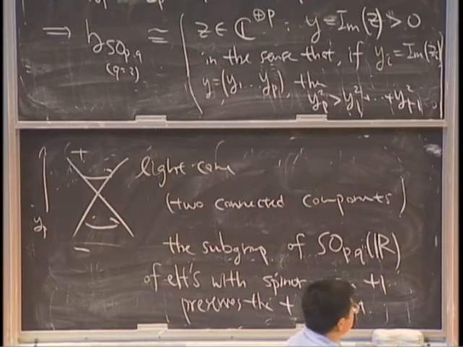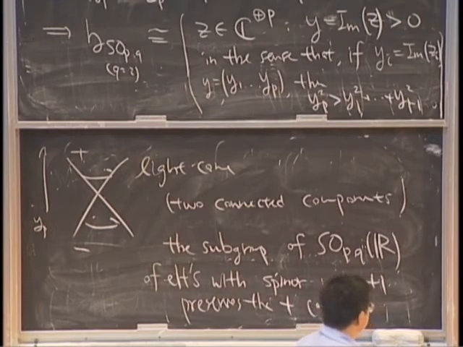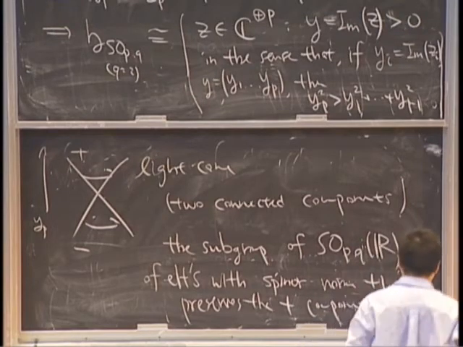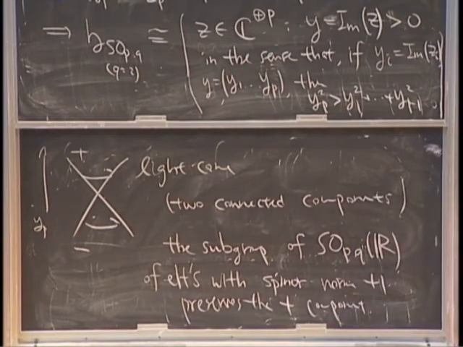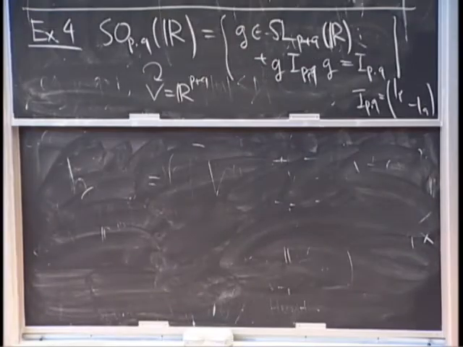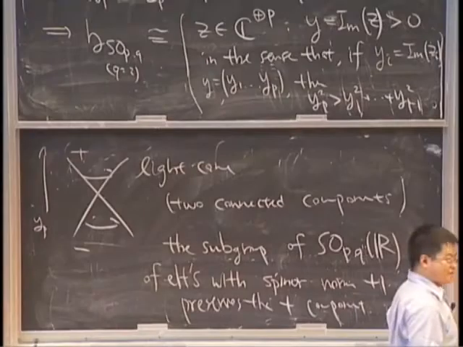So the difference is the following. I guess I really have to erase something. I will erase this bottom part. This SO(p,q,r) doesn't really have a map to the so-called symplectic group. But all the other examples we have so far have a map to there. But the spin group actually has a map to some symplectic group.